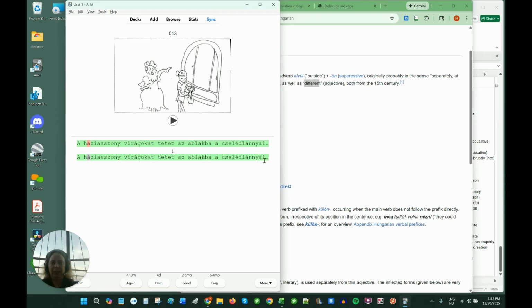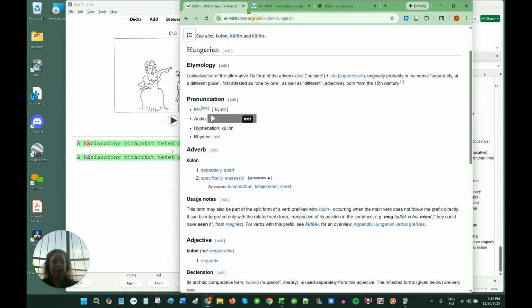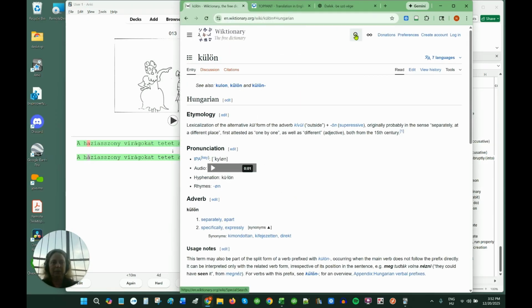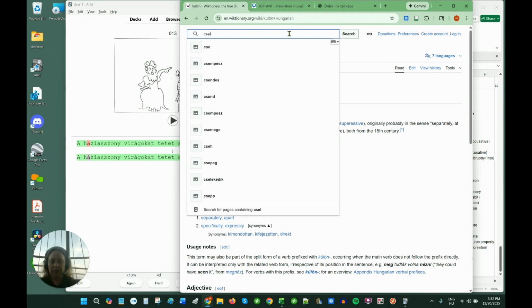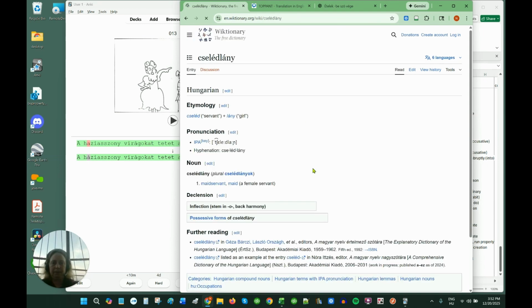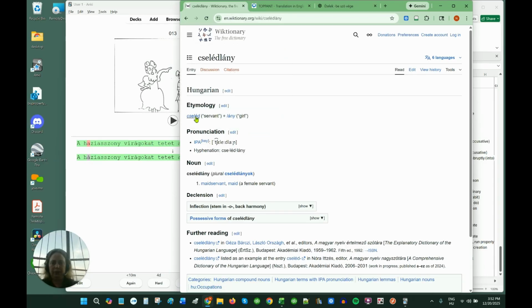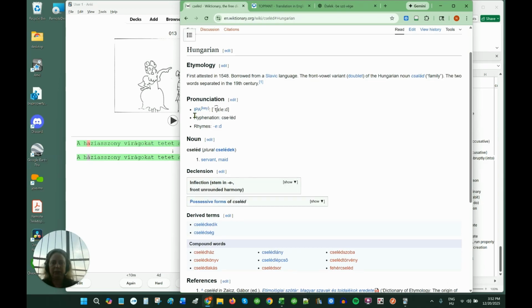Let's look up cselédlány. What does the cseléd mean? Cselédlány. So servant, and it comes from what language? Cseléd, Slavic. Oh, and it's related to család.